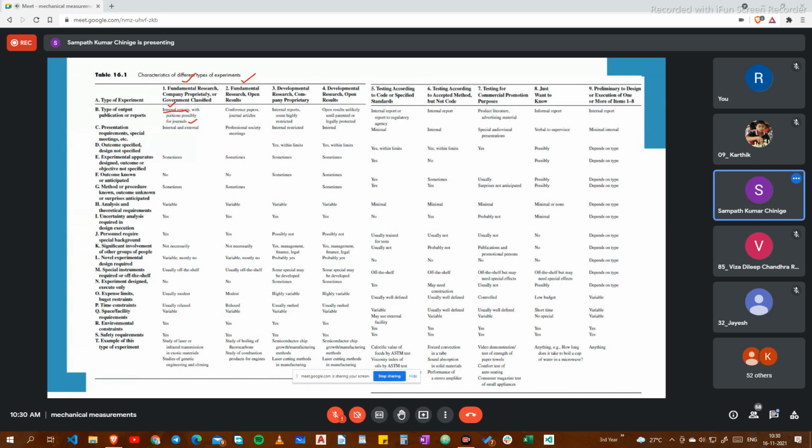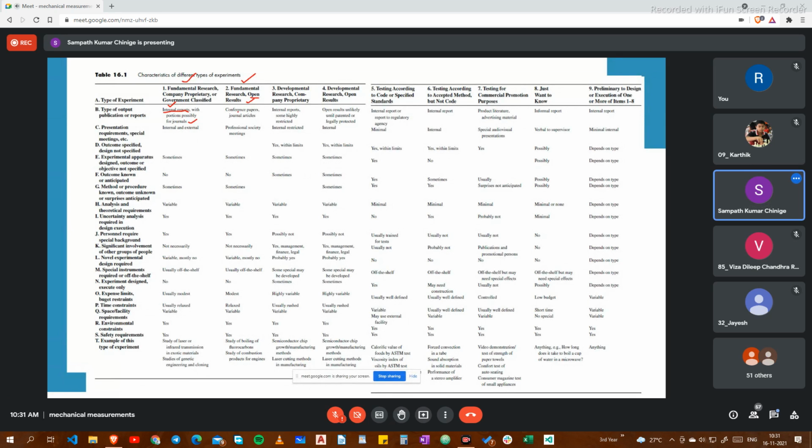In that kind of research, we cannot give the output results to the outside. When it comes to open research, you can see clearly here, these are open results. Nobody will constrain you to keep them confidential. It can be published. For example, whatever project you carry out in your final year, if the results are found to be very good, then you can show it to the world by peer reviewed journal publication.